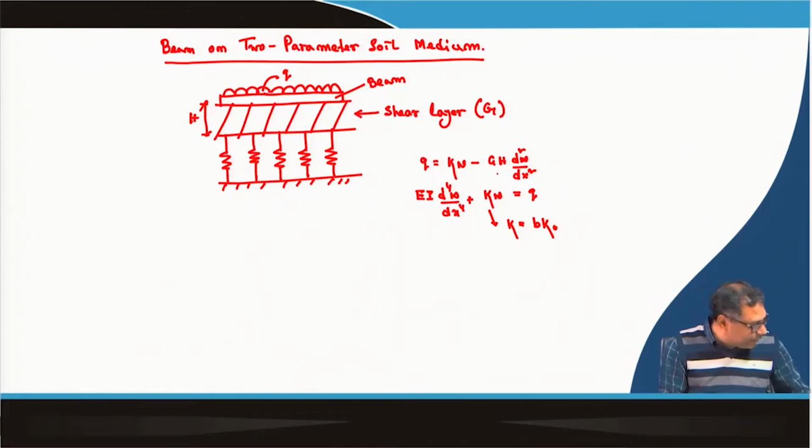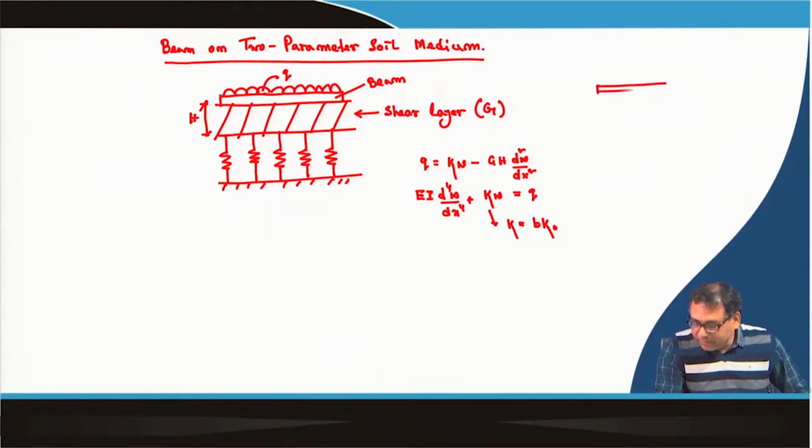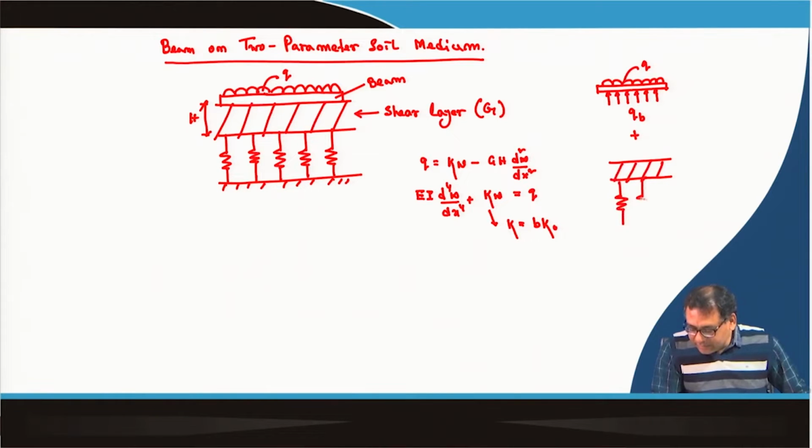Now, if I divide it into two parts, then I can write that this is my beam, over it there is a UDL Q, and below that a reaction is acting, say QB, and this is Q. Because this is a beam, I am now taking the two parameter model separately, and this is the two parameter model.